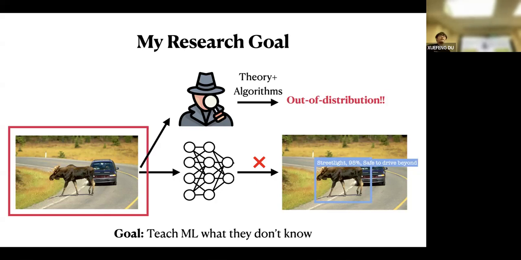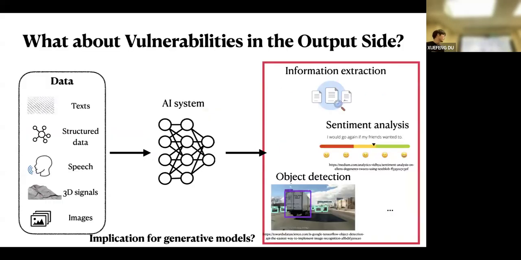This is to say, I want to teach machine learning models to recognize and better respond to data that they have never seen before. This is especially important in real-world settings where unknown out-of-distribution data can occur at any moment.